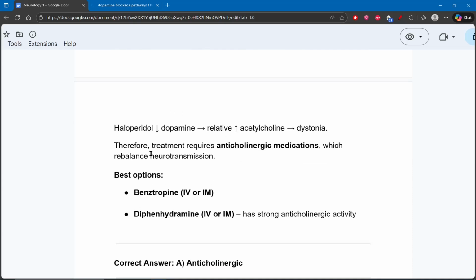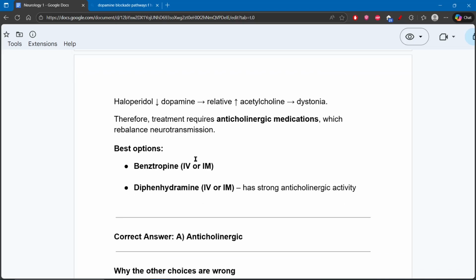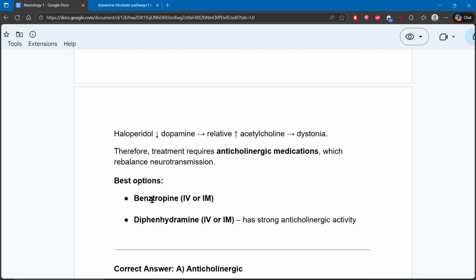Therefore, the treatment requires anticholinergic medications, which reintroduce balance in neurotransmission. Best options for this treatment are benztropine, IV or IM, or you can also give diphenhydramine.